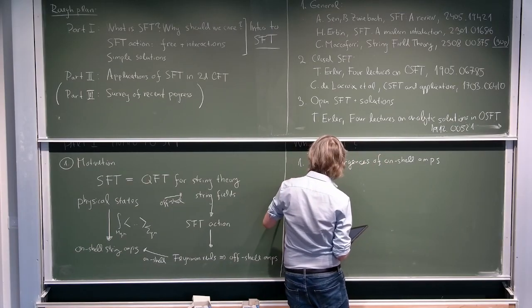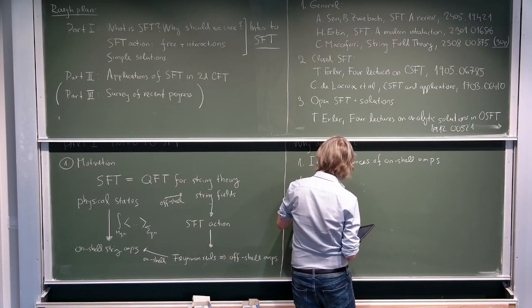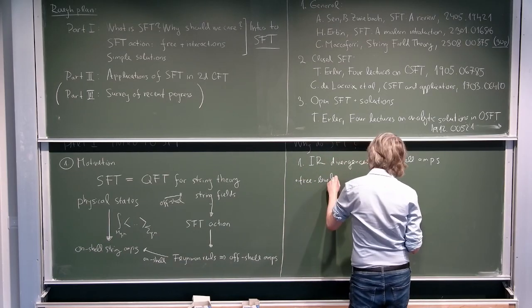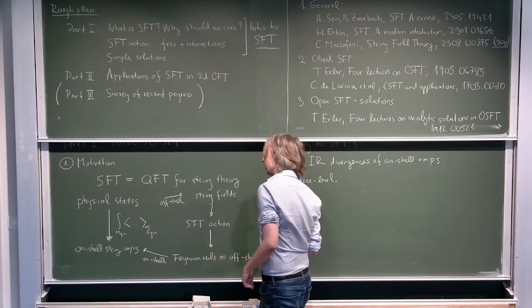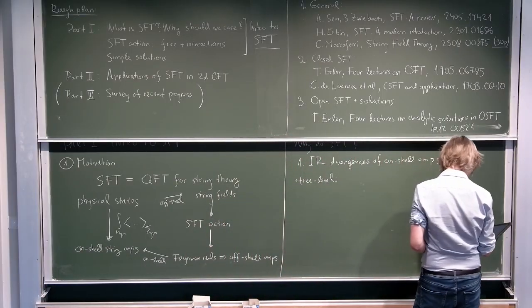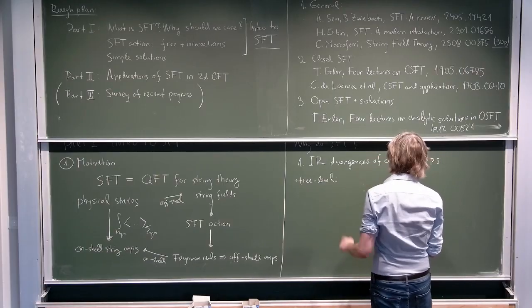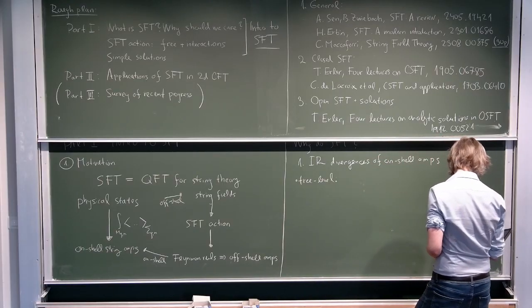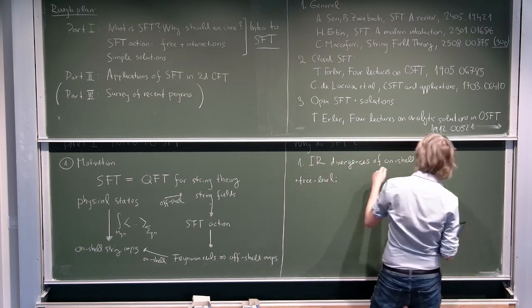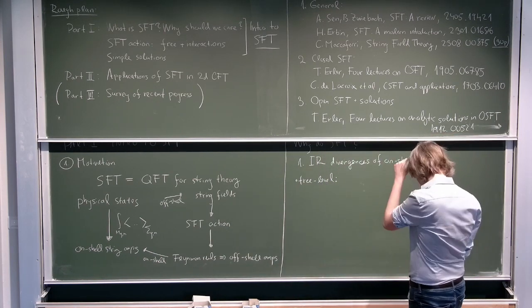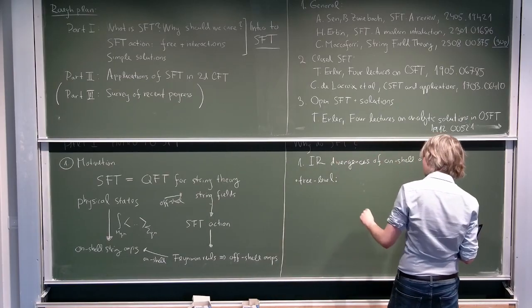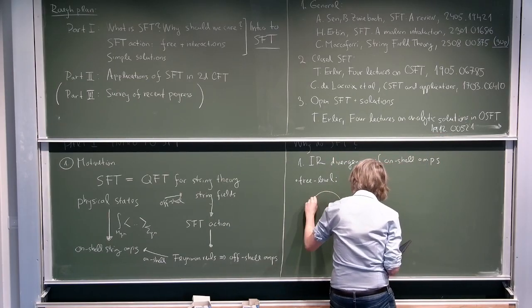So even at tree level, one finds that this generic prescription for computing on-shell amplitudes generally only works when the external states are allowed to have generic momentum. So to give you an example where we encounter an IR divergence at specific momenta, let me draw the following Riemann surface.